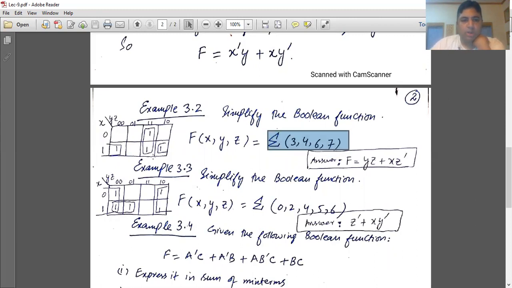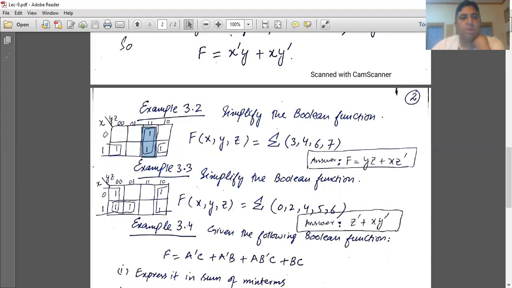So now we will take the adjacent ones. You can take these two adjacent ones, and you can take these two adjacent ones. First, we will take these two ones and we will see which variable is eliminated. In these two adjacent ones, x is 0 in this square and x is 1 in this square. So x is changing from 0 to 1, but the function remains 1 in both squares.